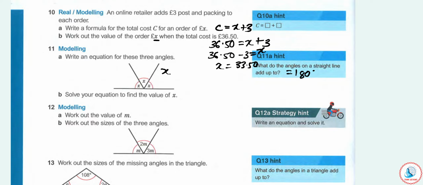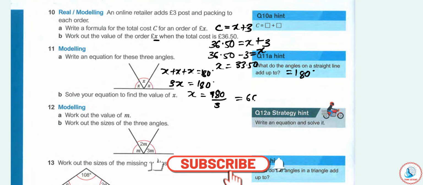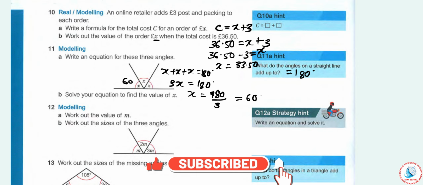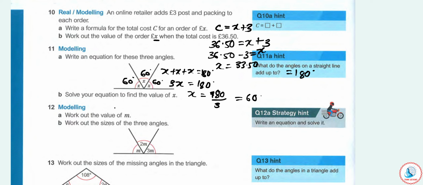So we can do X plus X plus X is equal to 180 degrees, right? So X plus X plus X is 3X is equal to 180 degrees. Now X is equal to 180 divided by 3, so it will be 60. So each angle is 60 degrees. When you add all these, you will get 180 degrees.